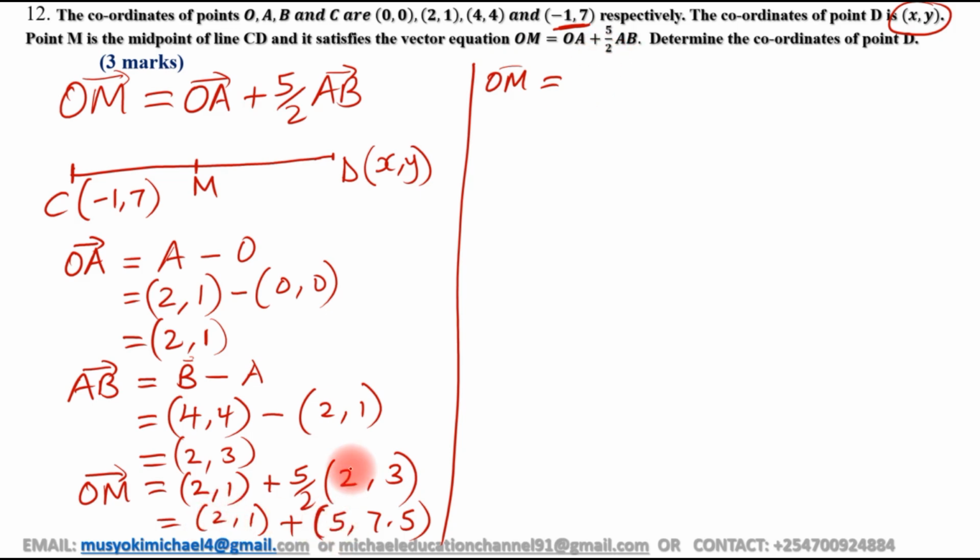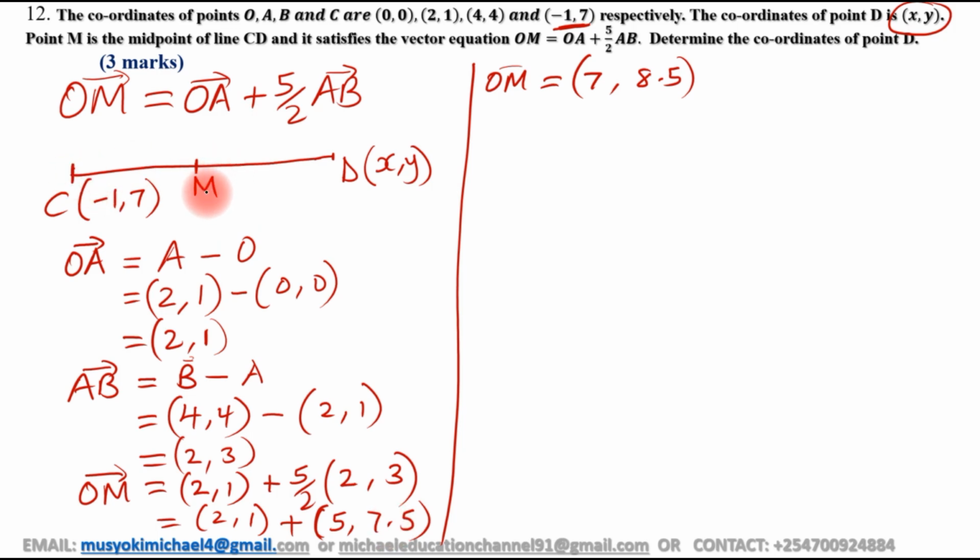Therefore, we need to add. If we add 2 plus 5, we get 7, and 1 plus 7.5, we get 8.5. So that's the position vector OM. Therefore, we need to get the coordinates of point D.